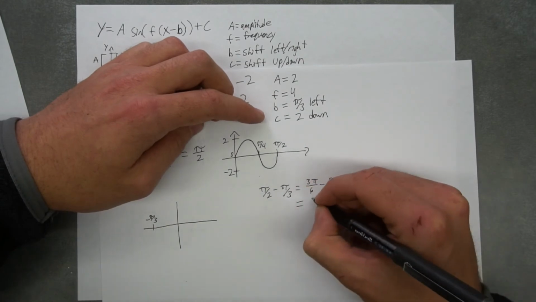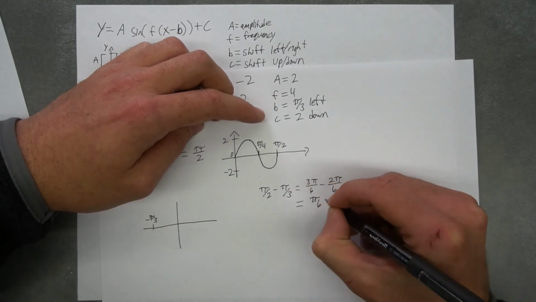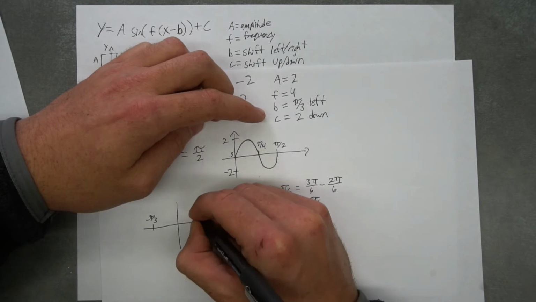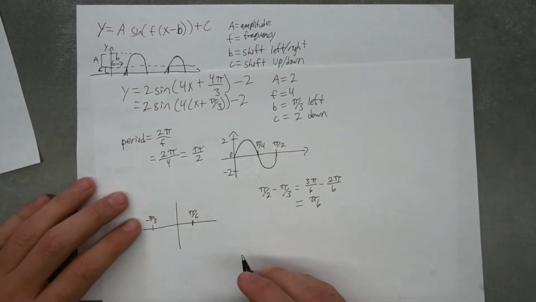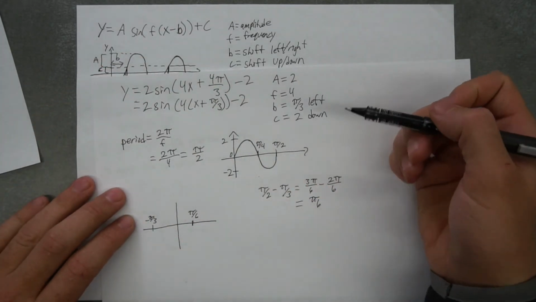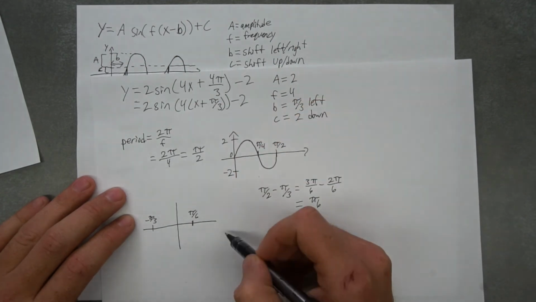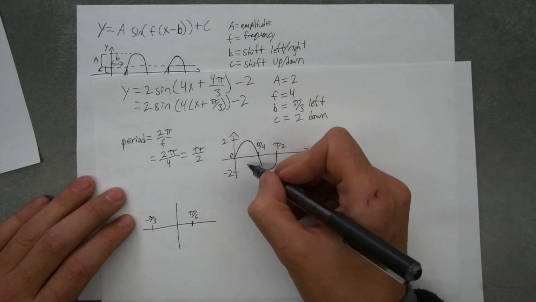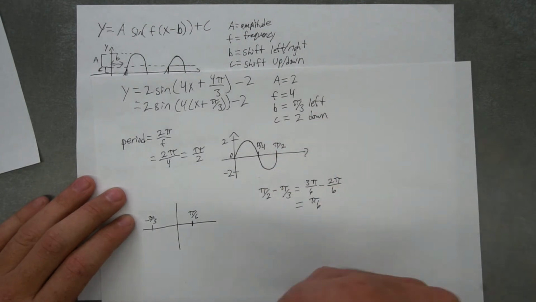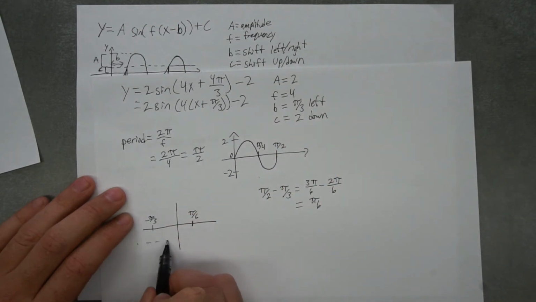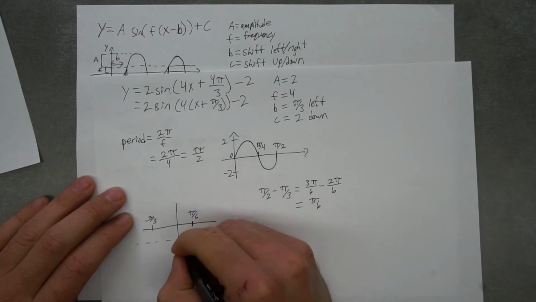This is equal to pi over 6. So that's where it ends, pi over 6. Also, we have a shift down. So our max is going to go from 2 to 0, and our minimum is going to go from negative 2 to negative 4. So our center here is going to be at negative 2.